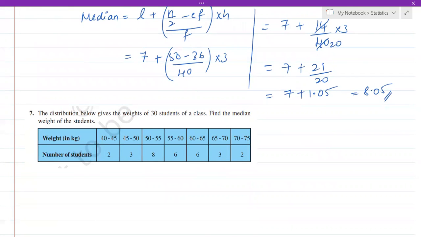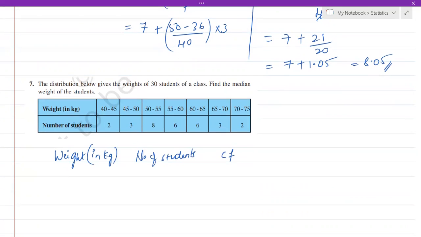Similarly, let's solve the last question. Again, let's reconstruct the table. Weight in kg, then we have the number of students, which is F, and obviously we have to calculate CF, isn't it?